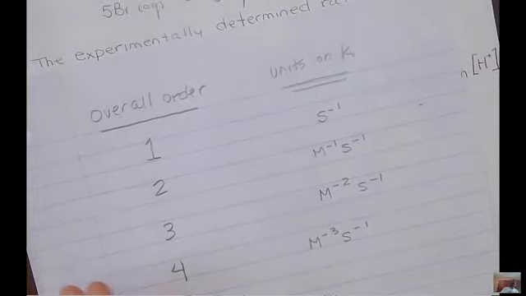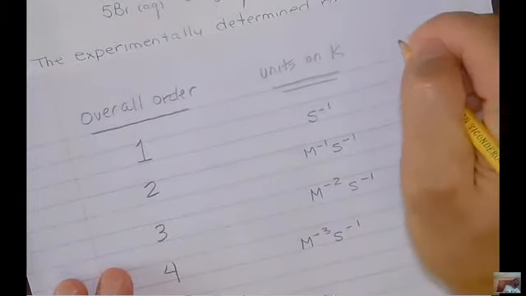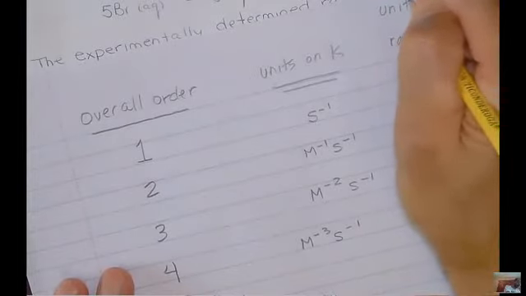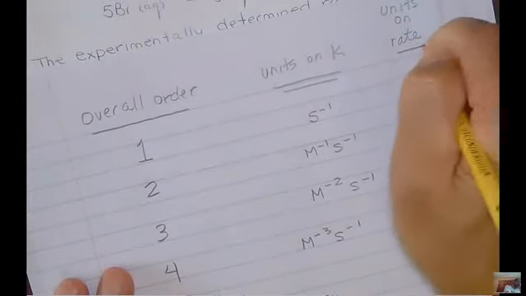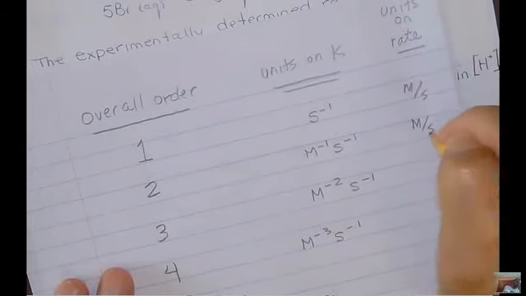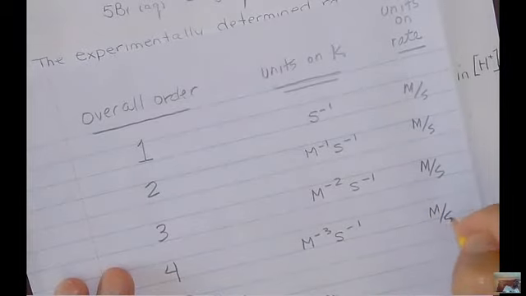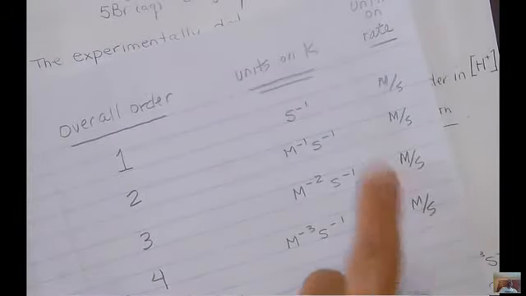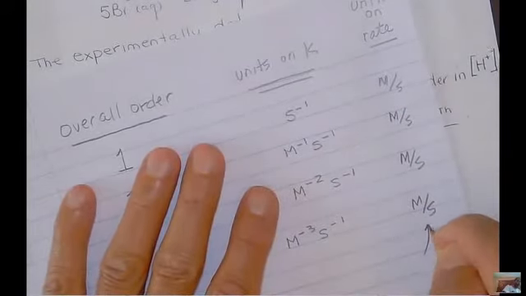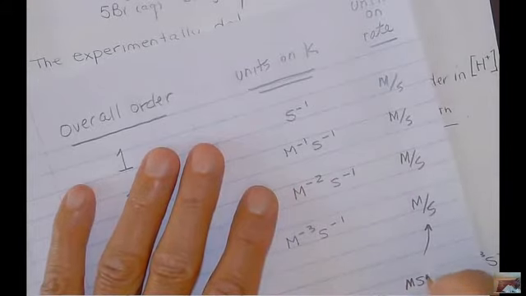The units on rate are always the same. Units on rate, molarity per second, or molarity times seconds to the minus 1. Okay? Right? Everybody agree? That's the same thing. Each of these could also be written like that. Molarity times seconds to the minus 1.